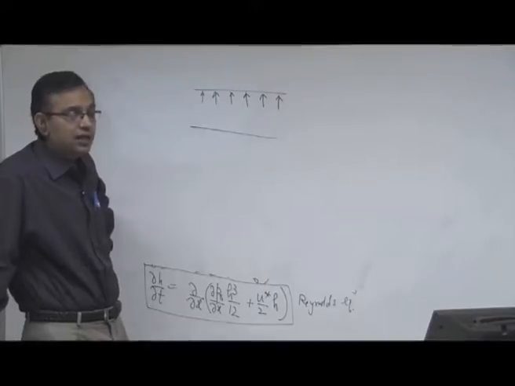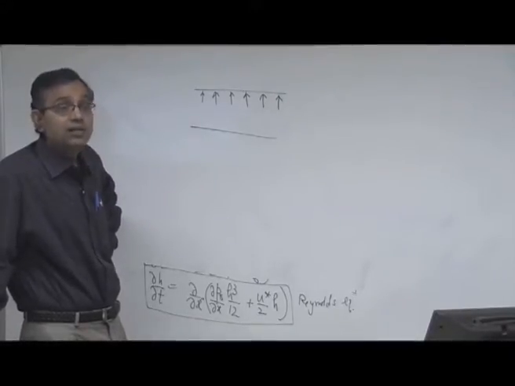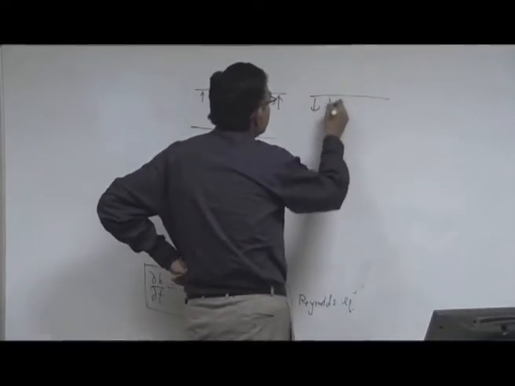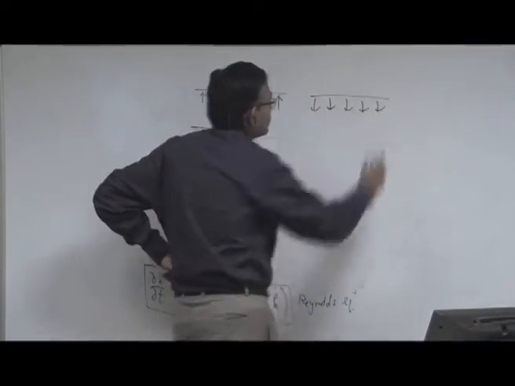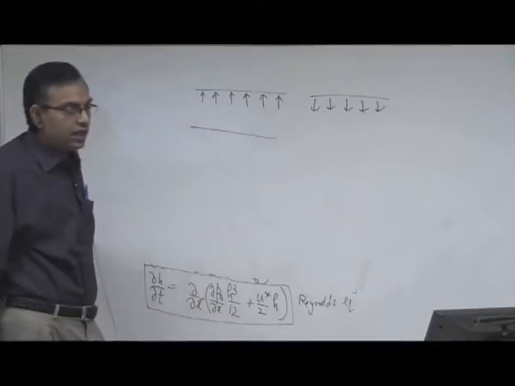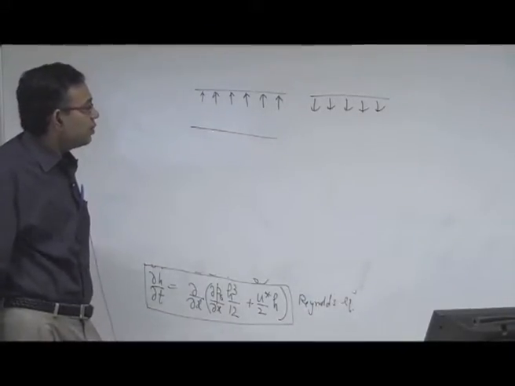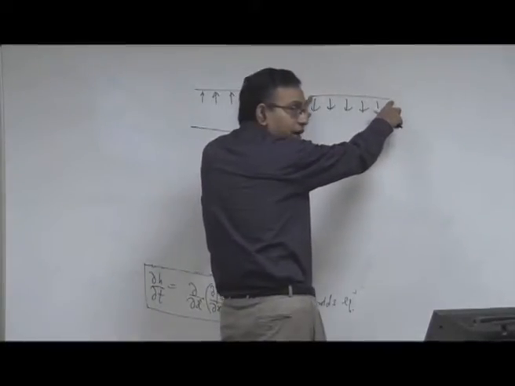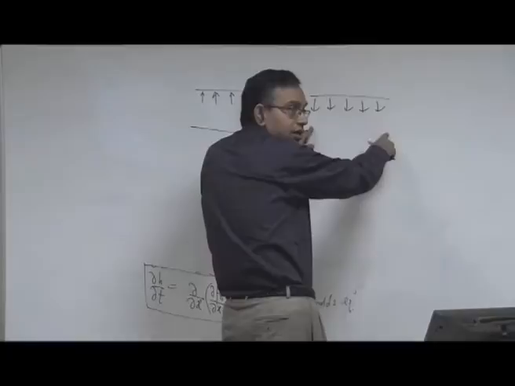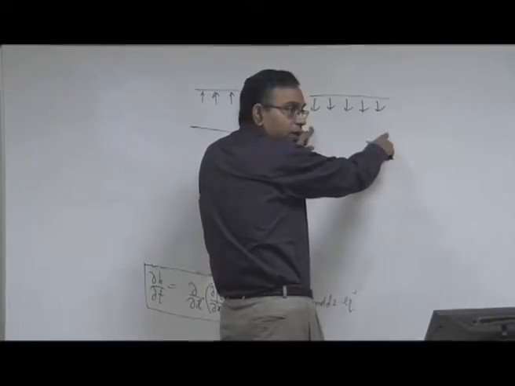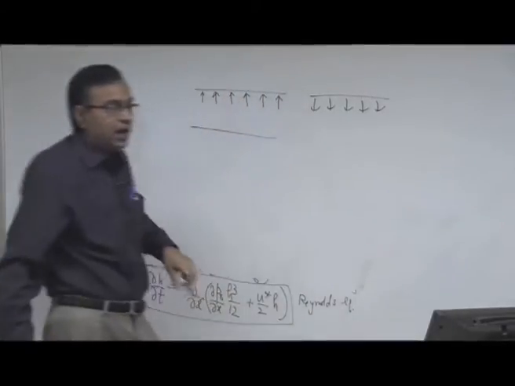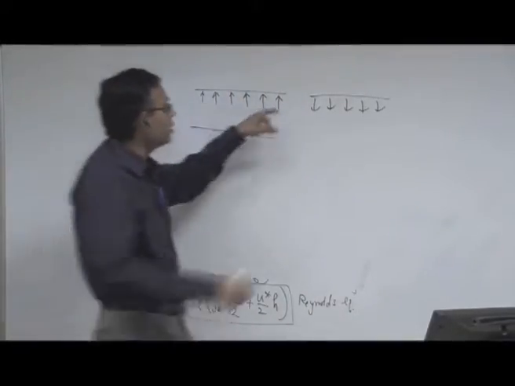On the other hand, if the pressure is negative, if the pressure is acting like this, then what will be the tendency of this plate? The tendency of this plate will be to come down relative to the bottom plate, and there will be a high amount of force necessary to pull the two plates apart.